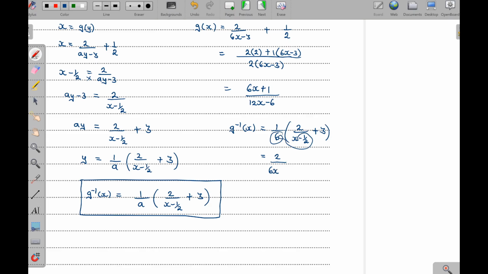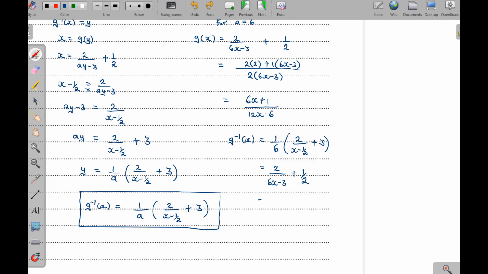Now 6 times negative a half, you'll get a negative 3, not so? Then plus, you have 3 times this one here, it will give you a half. Do you see that this one is actually what we are having here? So these two are therefore the same. You don't need now to waste time to again show this. So you just say this one is the same as 6x plus 1, then out of the 12x minus 6.